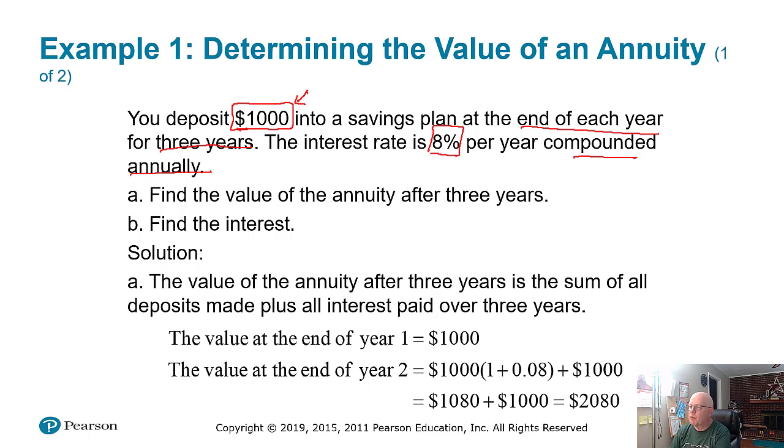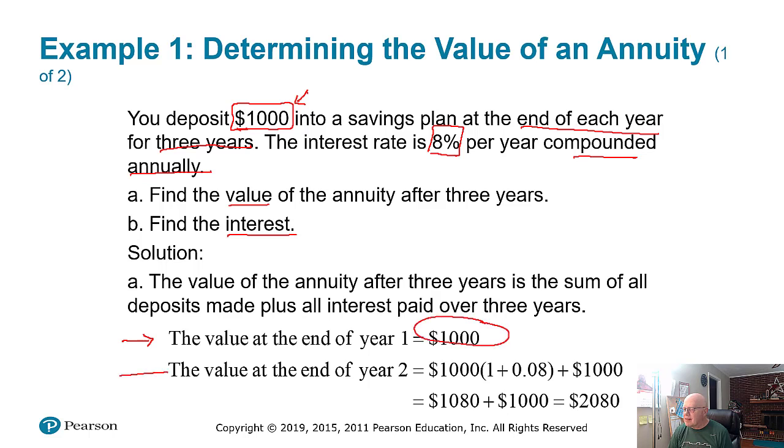You want to, number 1, find the value of the annuity after the 3 years, and also find the interest that you've gotten in the meantime. So look at the bottom here. Remember, you're putting $1,000 in the annuity at the end of each year. So at the end of the first year, you put the first $1,000 in.